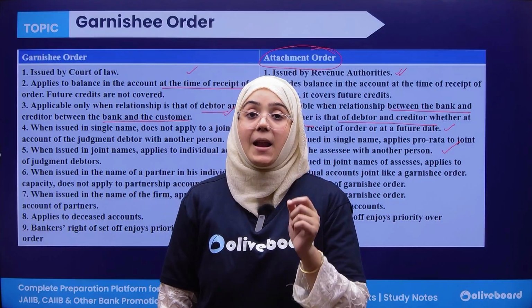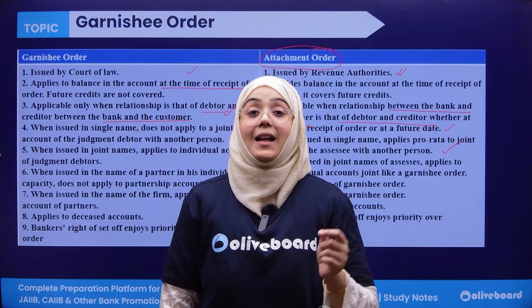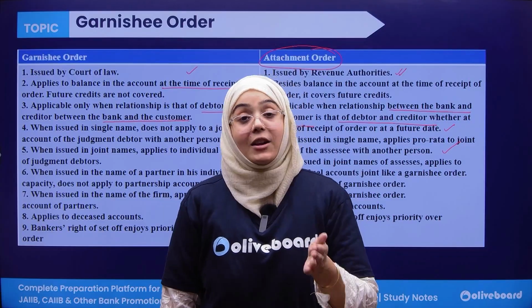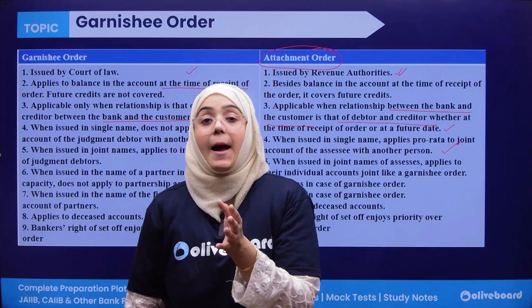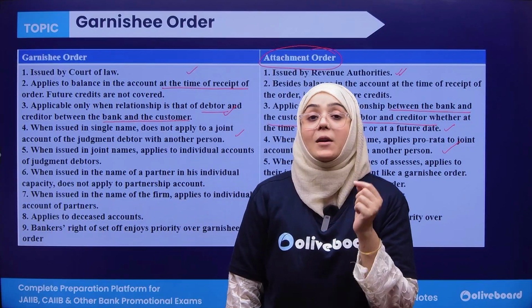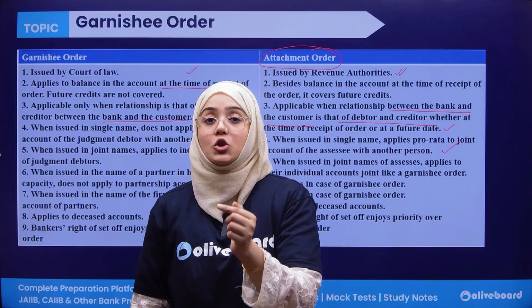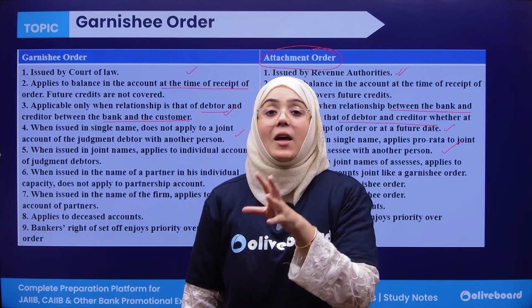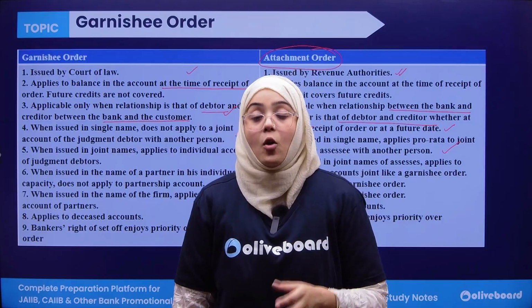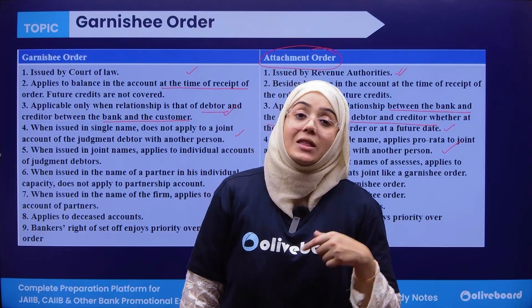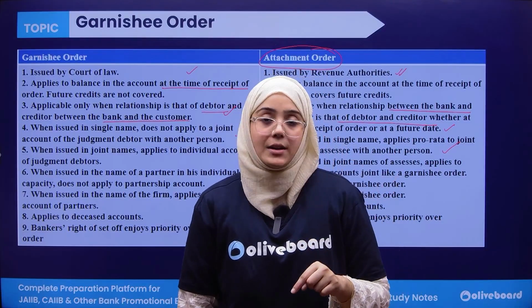Now it will be applied on a pro rata basis if there is any joint account. Okay, if it is passed in a single name, it is applicable in a joint name if that person is in a joint account relationship with another person. So the amount is credited on a pro rata basis to the persons they have in the joint account also.